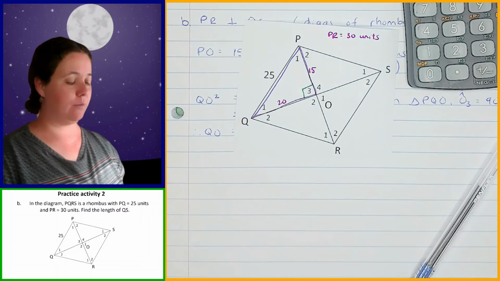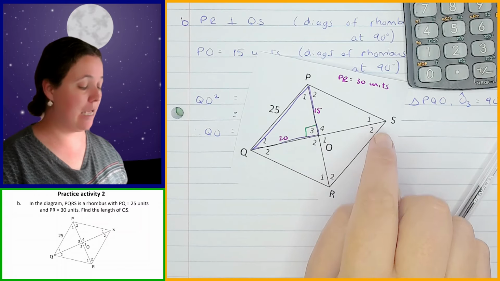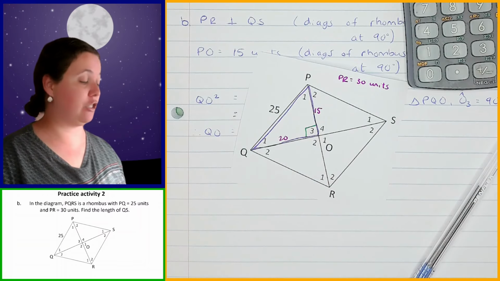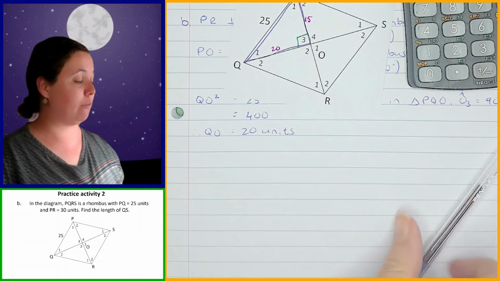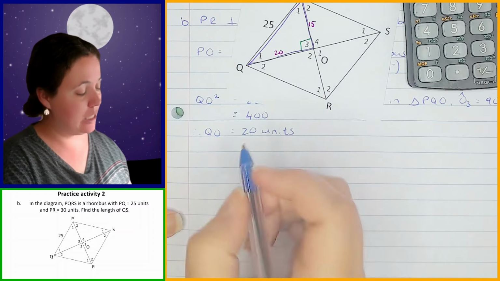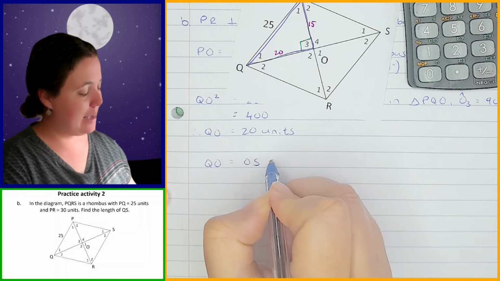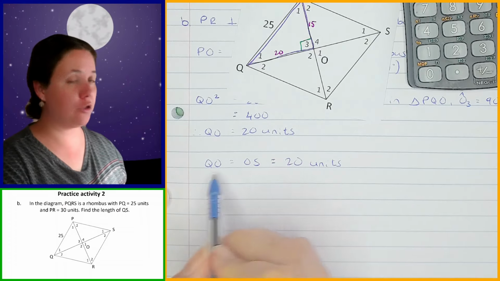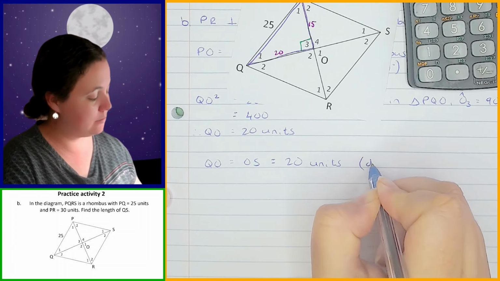Now the next thing I need to do is work out what the length of QS is. Because this is a rhombus, I know that the diagonals bisect each other, just like I used for working out the length of PO. It's the same concept, it's just I'm going backwards. Now I've got the length of QO, now I need to work out the length of QS. So now I can say that QO is equal to OS, and it's equal to 20 units. The reason I know that those are both equal to each other is because of the diagonals bisecting each other in a rhombus.